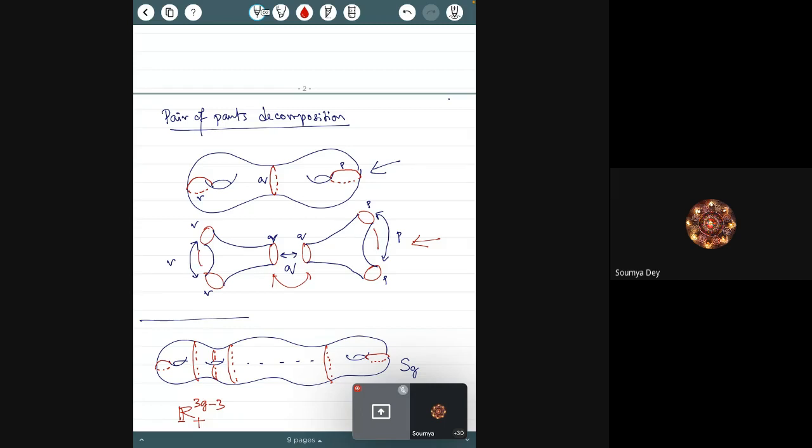Still, while gluing, instead of gluing them as it is, you can rotate one of them by an angle theta and then glue. So suppose this is one boundary component and this is another boundary component. Let me draw these here.